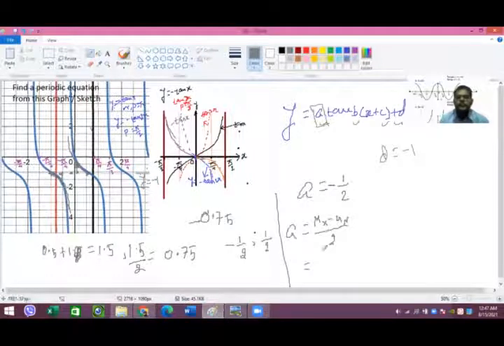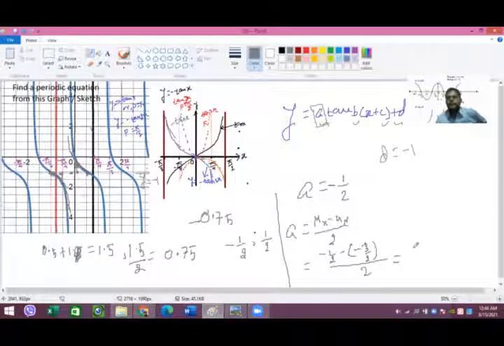This is negative half. And minus the minimum point is how much? This is negative half upside, and then another half is here. That means up to here is 1.5. This is 1.5 in the negative sense, so it is minus 1.5, that means 3/2, and the whole thing divided by 2.